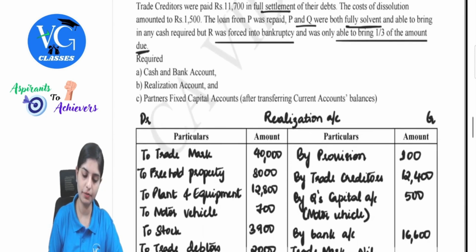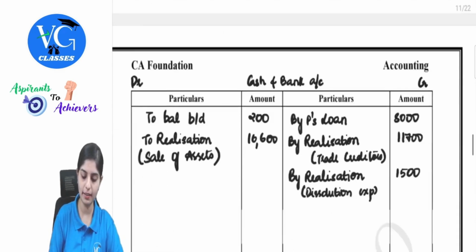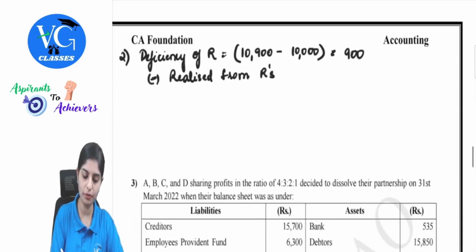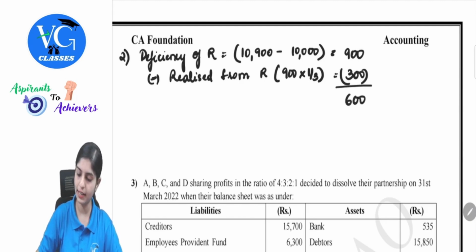The amount realized from R is 1/3 of the amount due. 900 was due. So 1/3 of this is 900 into 1 by 3, so this will be 300. The remaining is 600, which is outstanding.